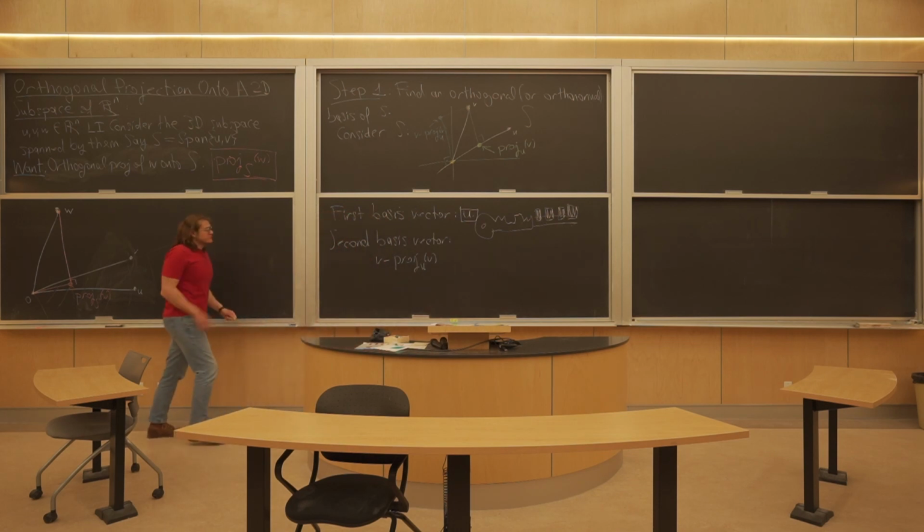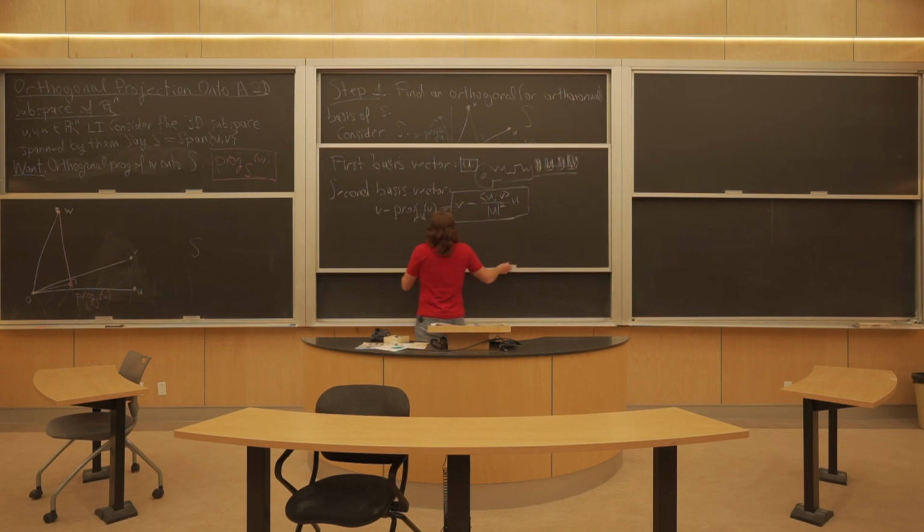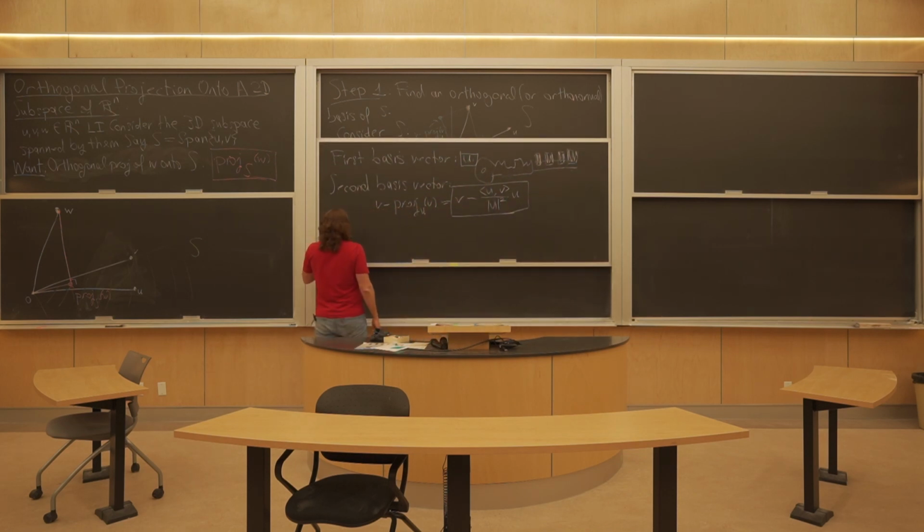And recall that the formula for proj sub U of V is this: the inner product of U with V divided by U norm squared, times U. I'm not saying anything about their norms, but certainly now the basis with U as the first vector and this as the second vector is going to be an orthogonal basis for S. So let me call it beta.